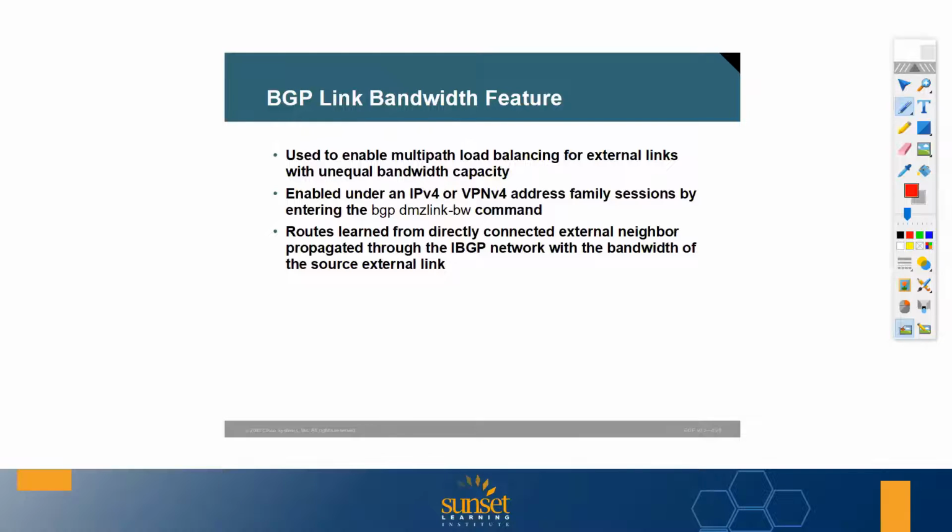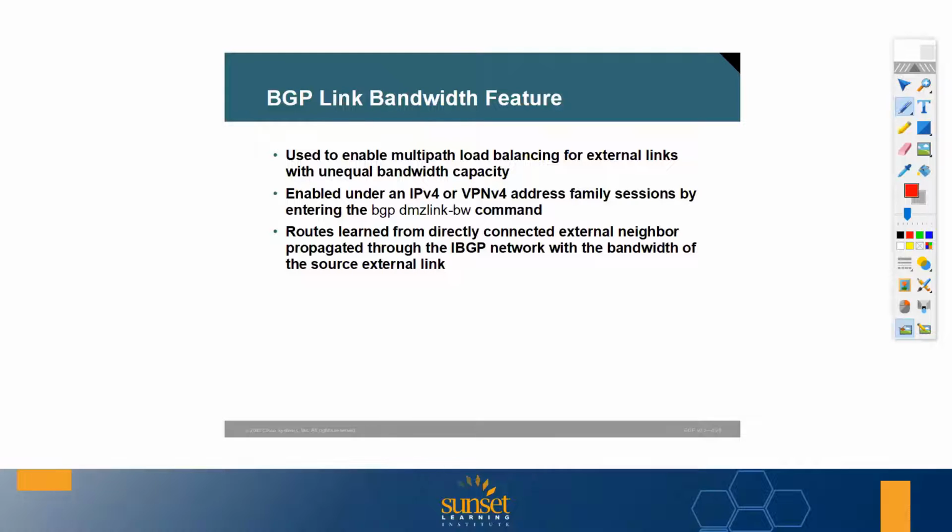So we can have multiple routes to the exact same network that we have available with us, but it can be advertised. Let's say if you're learning a route via BGP and I redistribute that in OSPF or EIGRP, the DMZ link bandwidth command allows us to be able to take the external bandwidth of the interface and advertise that to EIGRP or OSPF, okay?